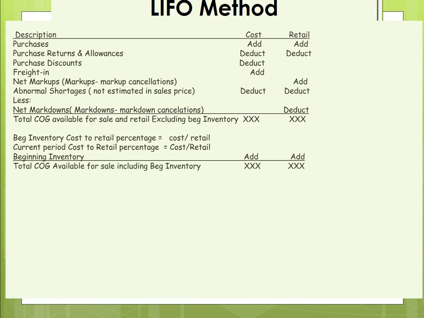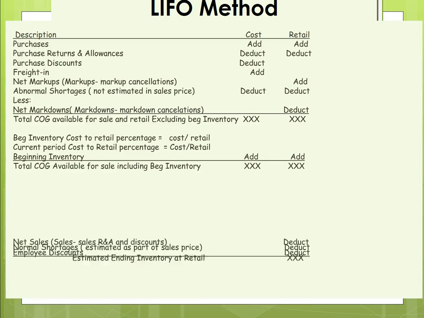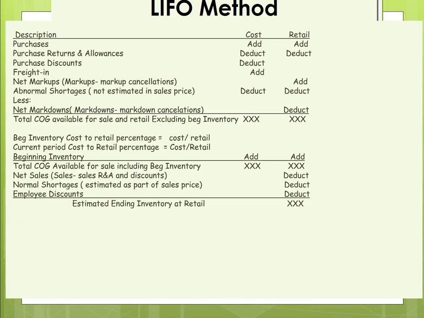Now we've got our total cost of goods available for sale. And now we're going to subtract out our net sales, our shortages, and employee discounts. Now we've got estimated ending inventory at retail. And remember, our layers for our beginning inventory and our added layer have to equal this amount.